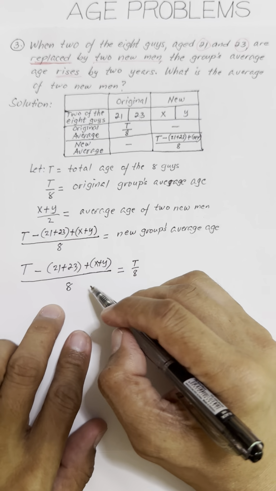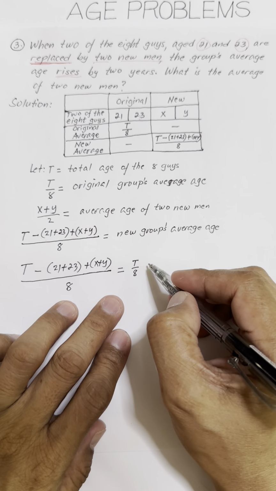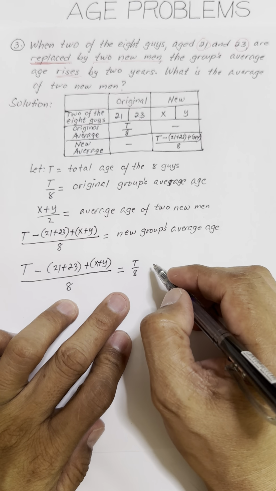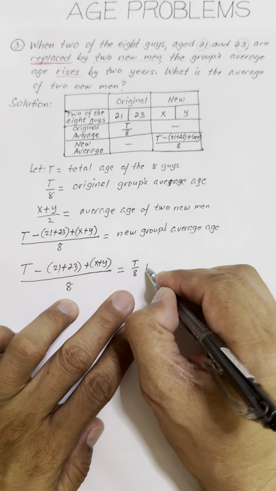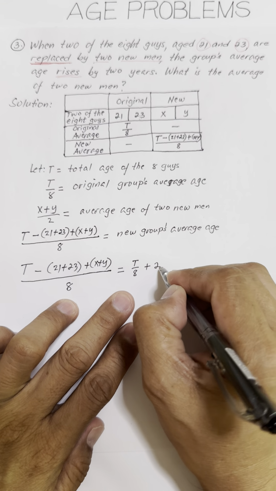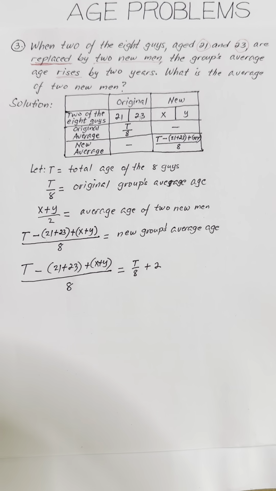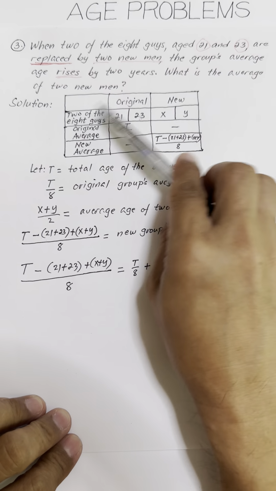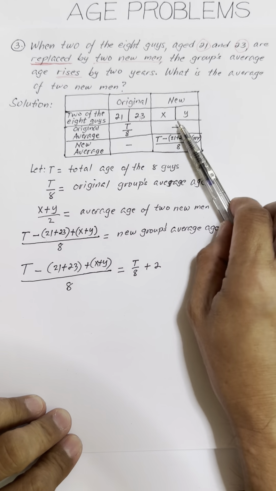But when we do this replacement, the group's average rises by 2 years, so we have plus 2. This is the expression we have formed out of the condition in this problem, and we have taken this also from the table.